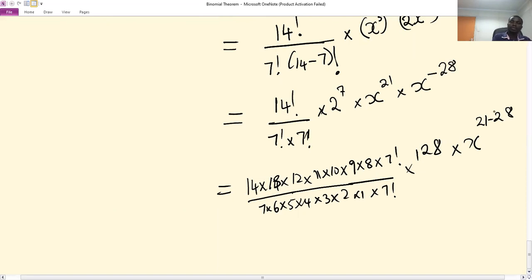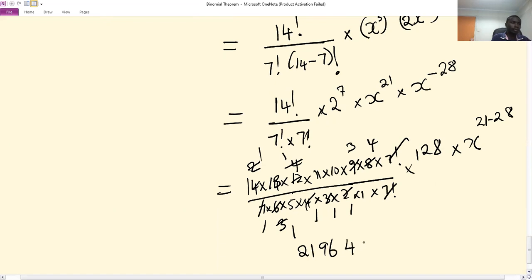When you solve this, this and this cancel out, and we have 13 times 11 times 10 times 3 times 4 times 128, which gives 21,96,480 x raised to the power minus 7.